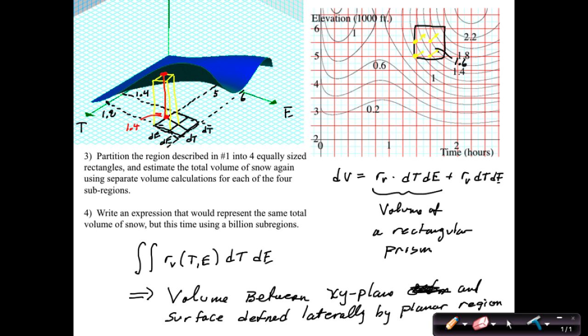The bottom of it is the xy plane. The top is the surface. And so it's like what? Instead of adding rectangular prisms now, it's like sticks, right? So when you get a really fine partition, it's like you're summing up the volume of super narrow sticks. But they're really still rectangular prisms. They're just really skinny.